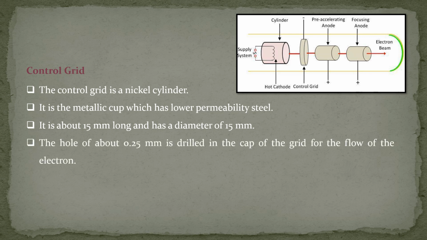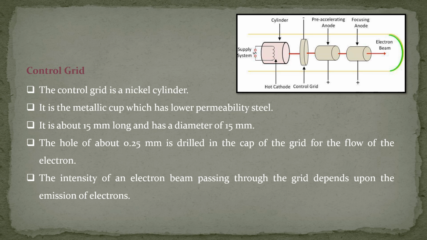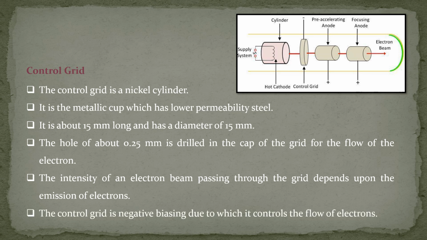A hole of about 0.25 mm is drilled in the cap of the grid for the flow of the electrons. The intensity of the electron beam after passing through the grid depends upon the emission of electrons.